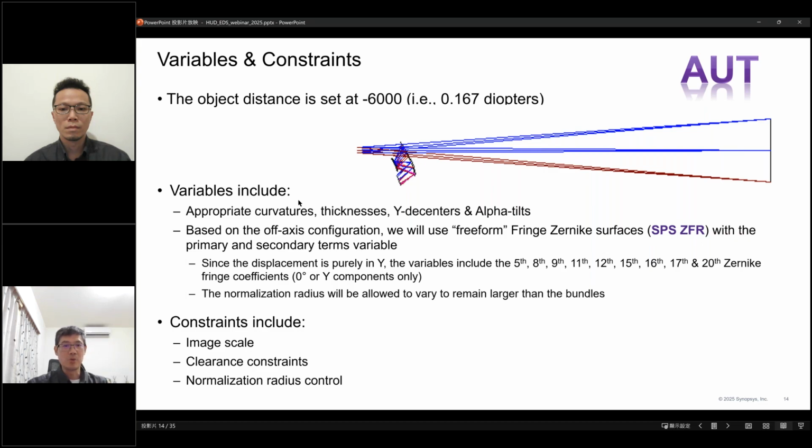And also we need to let the normalization radius be a variable, because it will be allowed to vary to remain larger than the bundles. So the constraints include the image scale, the clearance constraints, and the normalization radius control. And if you want, you can add more constraints in the optimization utility.